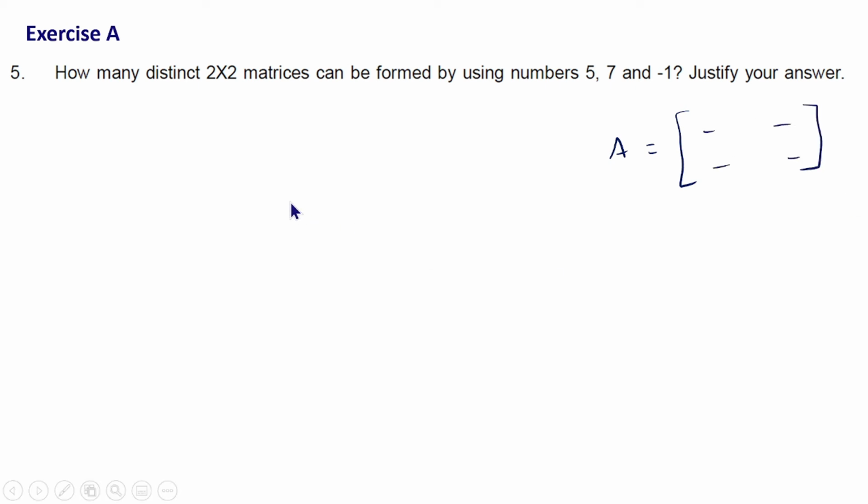The first entry can be filled using these 3 options, the second entry using these 3 options, the third entry these 3 options, and the fourth entry these 3 options. Using the fundamental principle of counting, it is 3 raised to 4. Therefore the number of ways is 3 raised to 4, which is 81.